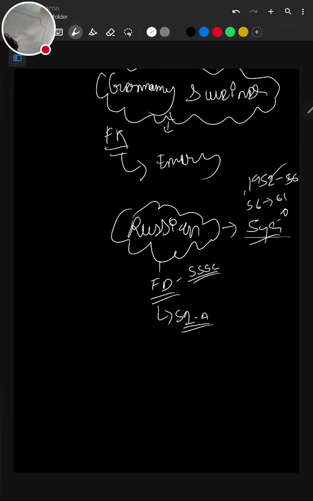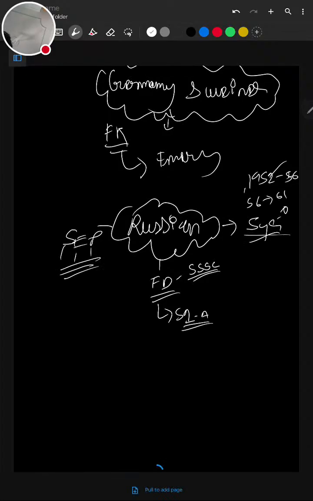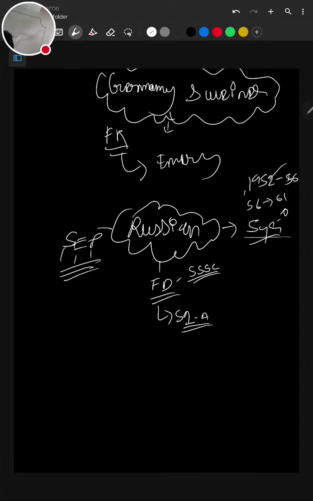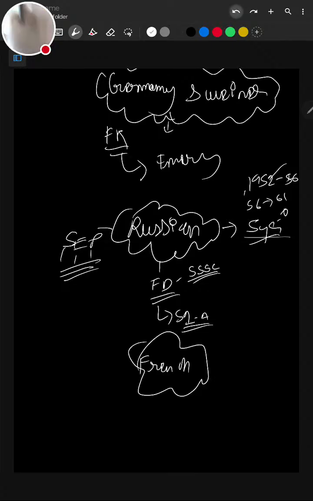And Russia also has SEP, Social, Economical, and Political Justice. You have taken that also from French. Sorry, Russia, my bad. Then going on to French. Here you could remember it as LEAF.